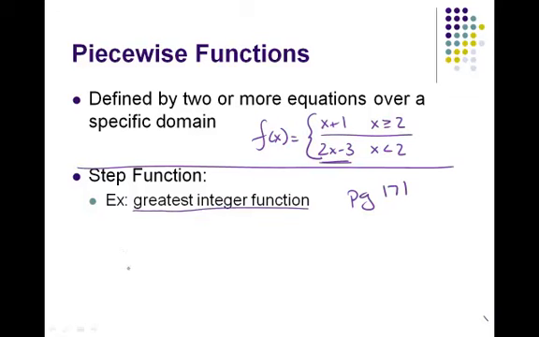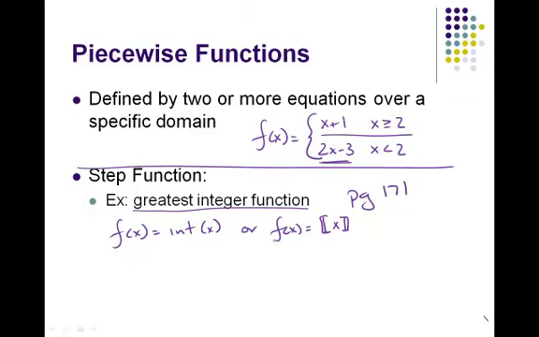In order to write the greatest integer function, we say that f of x equals the integer of x, or we can denote it using a double bracket, and this means that the solution is the greatest integer less than or equal to x.